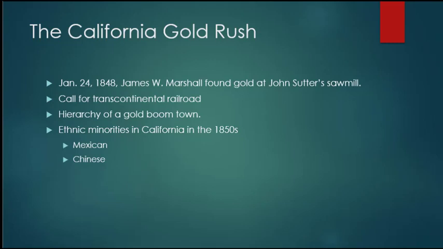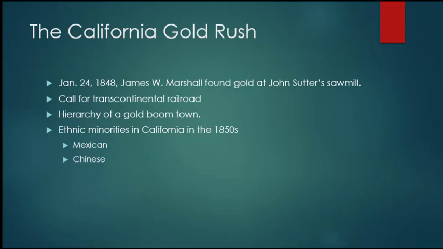But there are ethnic minorities in California in the 1850s. Chinese and Mexican people made up 1/5 of the mining population in California by the end of the 1850s. They're really seen as ethnic minorities at this time period, and they're at the lower end of the social hierarchy on the frontier towns.